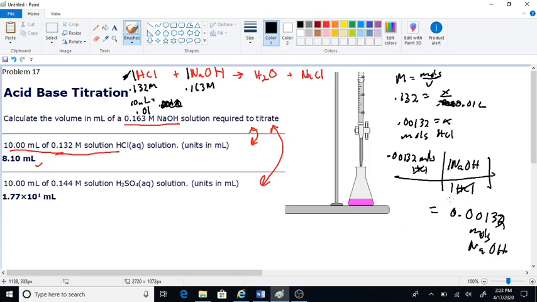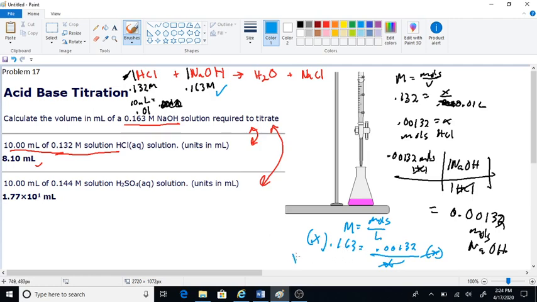Now all we have to do is use this piece here and fill into the molarity formula again. So it's 0.163 equals 0.00132 over X. When you solve this, multiply both sides by X, this cancels, and then divide the 0.00132 by the 0.163.